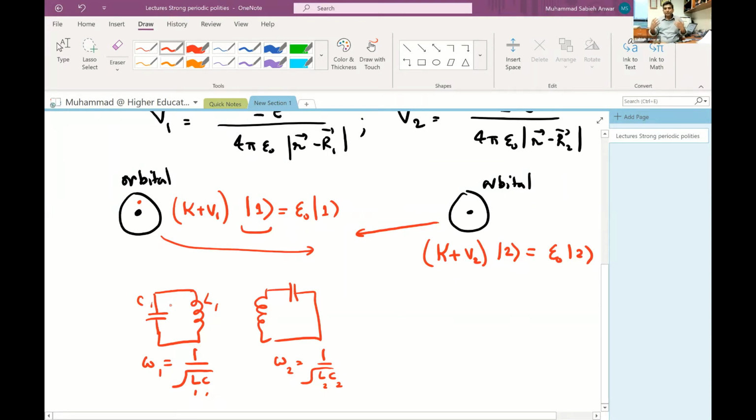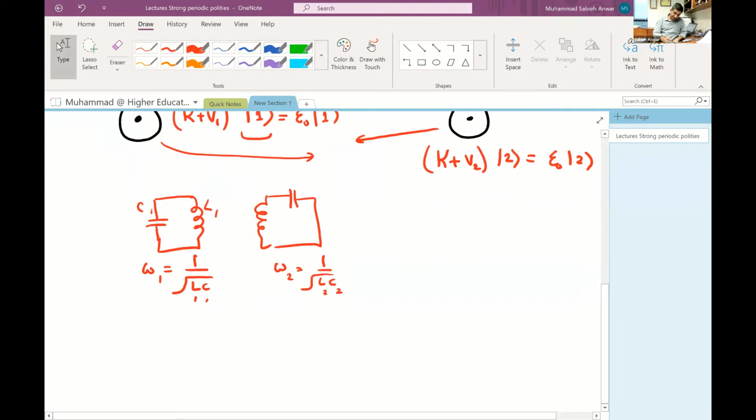So in order to find those eigen energies, we have to resort to the time-independent Schrodinger equation again. And we know that the time-independent Schrodinger equation is given in this form. Now, how do we find the eigen energies? First of all, we have to propose a possible trial solution.